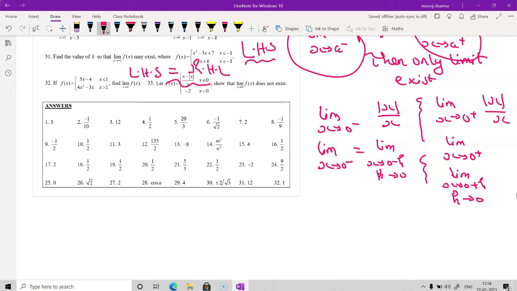So let us move on to limit x tends to 0 minus, which will be limit x tends to 0 minus h, which is mod of 0 minus h upon 0 minus h.